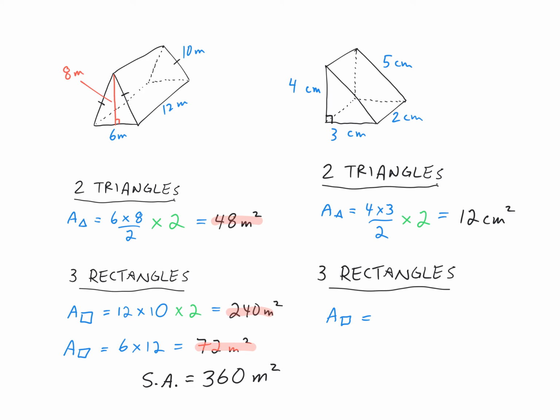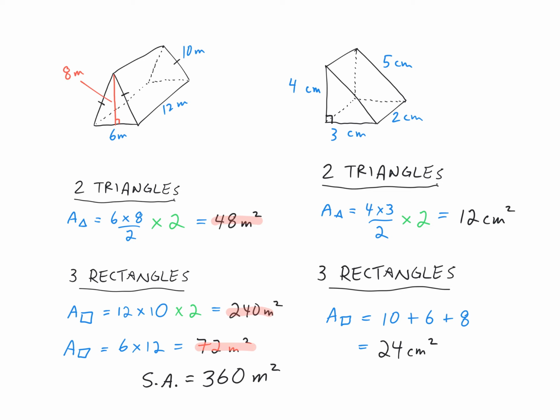So 5 times 2 is 10, plus the bottom is 3 times 2, which is 6, plus this back side here is 4 times 2, which gives us 8. And when we add those up, we get 24 centimeters squared.